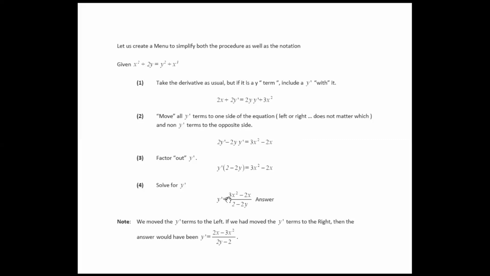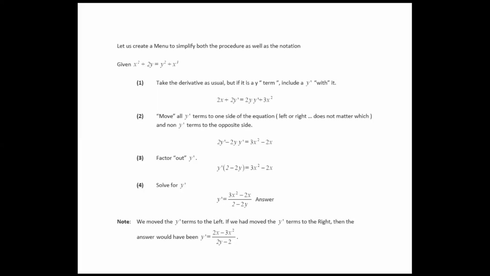Well, let's take this answer and multiply the numerator by -1. And what do you get? 2x minus 3x squared. And let's multiply the denominator by -1. And what do you get? 2y minus 2. So they are equivalent. If you multiply the numerator and denominator by -1, or negate each, whichever way you want to look at that. Of course, -1 over -1 is 1, and multiplying by 1 doesn't change anything.